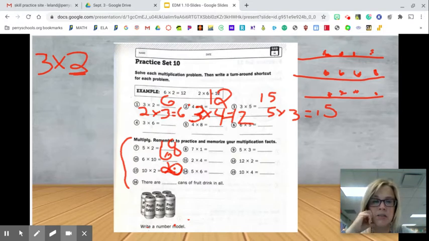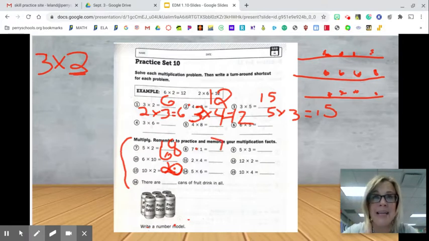Let's go across to number 8, 7 times 1. Now, 7 times 1 has a factor of 1. And guys, there's a shortcut for factors of 1. Anytime it is a 1, it's going to be the other number. So in 7 times 1, my answer is 7.